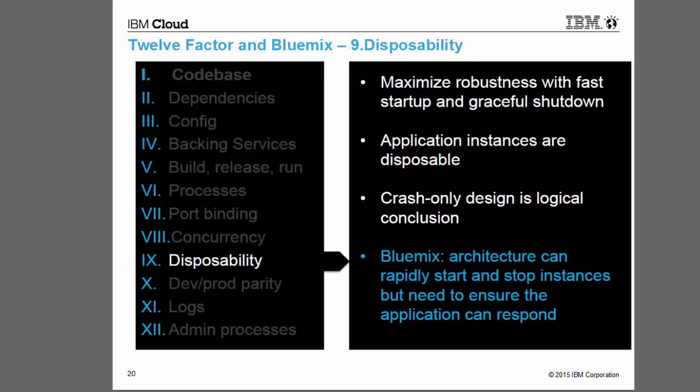Coming on to the ninth factor, called disposability. We're going to talk about robustness, startup, how your application can do a graceful shutdown, and how your application instances are disposable.